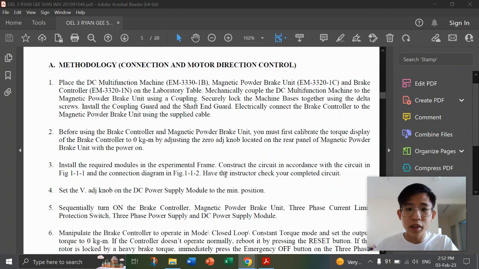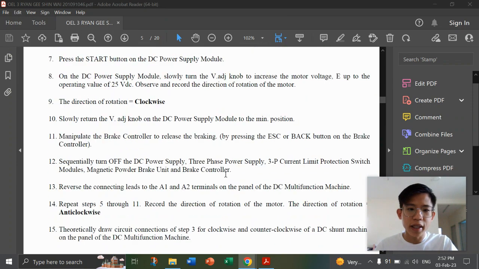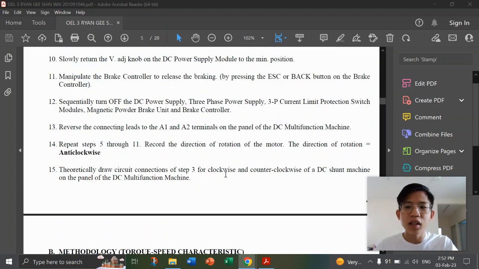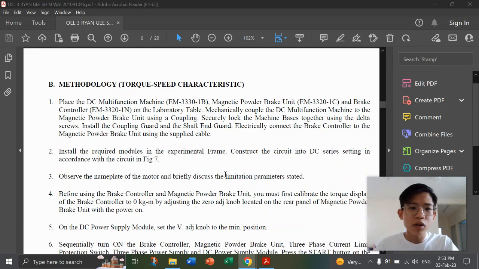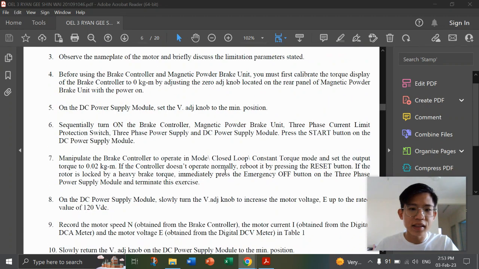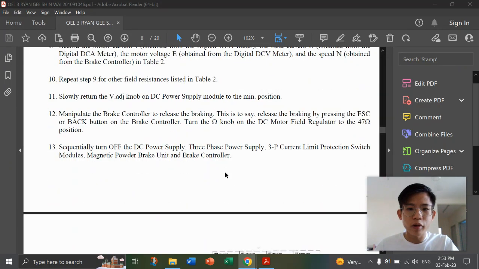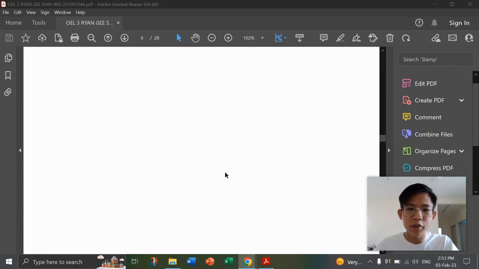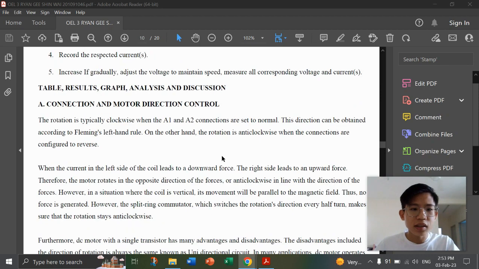We are talking about the connection and motor direction, where we learn how to get the clockwise rotation, using Fleming's left-hand rule and right-hand rule. Then we talk about the speed-torque characterization. Then we move on to the speed control, where we measure the resistor and the armature current. The last one is the magnetization of the DC shunt motor, with its procedures. So these are the connections.